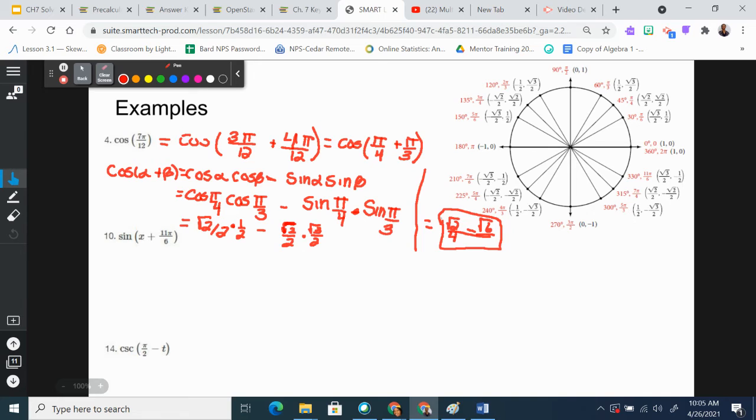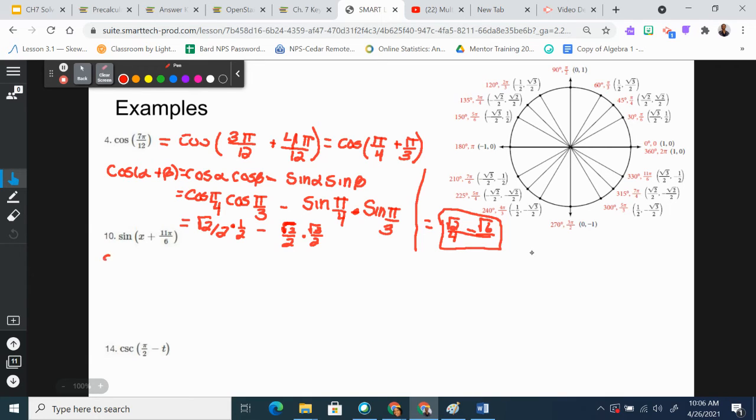So now let's take a look at number 10. So here we have a variable, so we have no choice. We can't plug this into our calculator. But we have a sum already, so we have a sum inside for our argument for the sine function, so we can use that rule.